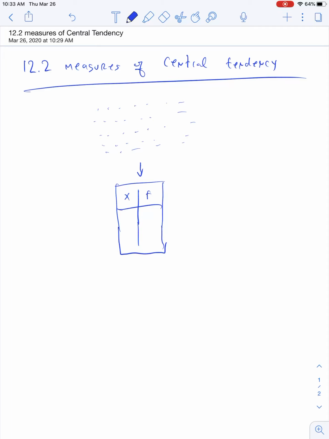And with this frequency distribution table, we can make a histogram, or a frequency polygon. So these are things that we did in 12.1.